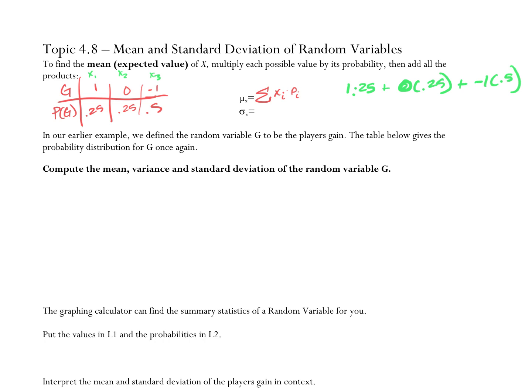Outcome 1 times P1. So this is X1 times P1. This is X2 times P2. This is X3 times P3. Each outcome times its probability.